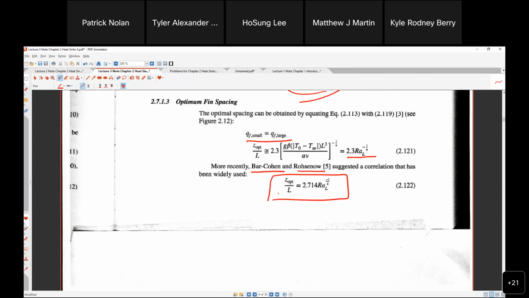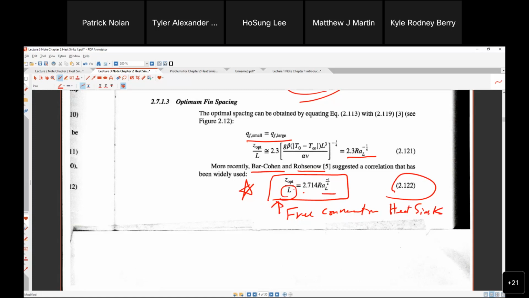And then experimentally, so you have to use this. For free convection, heat sink, you have to use this. Optimum 2.714 Rayleigh, you calculate. L you have to include.